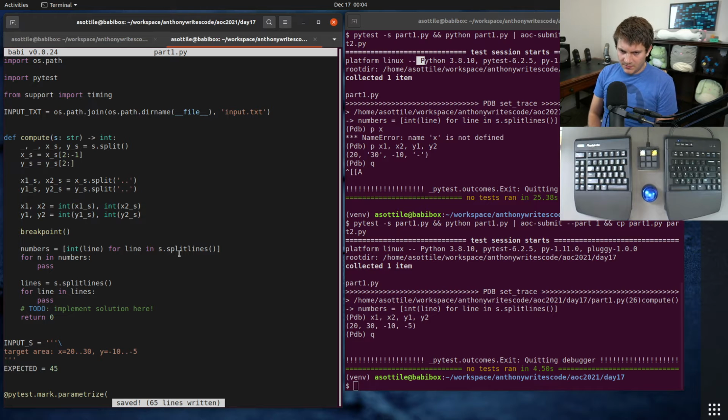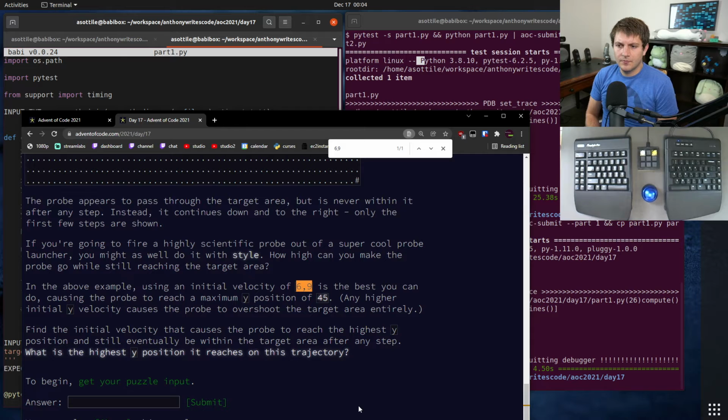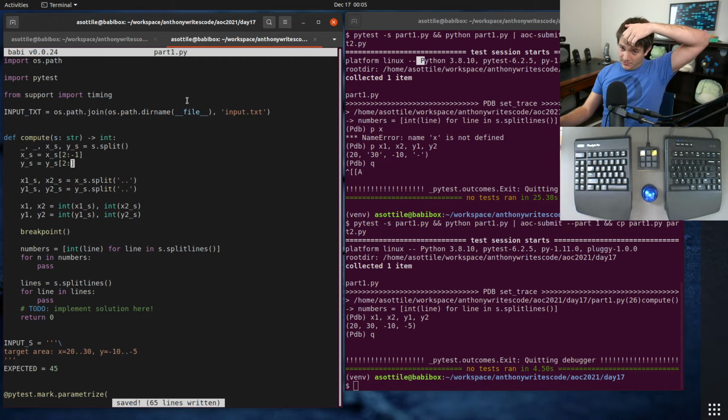We need to be able to enter the box. So we know the range of the x's based on... Well, actually, the x velocity could be anything.